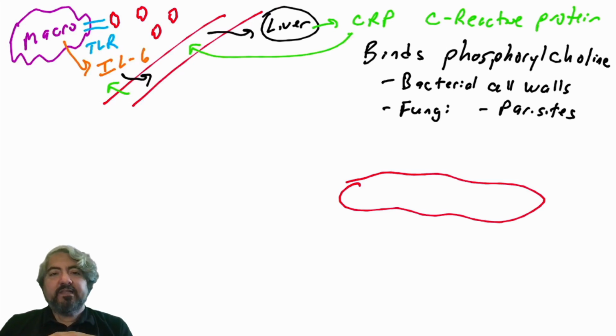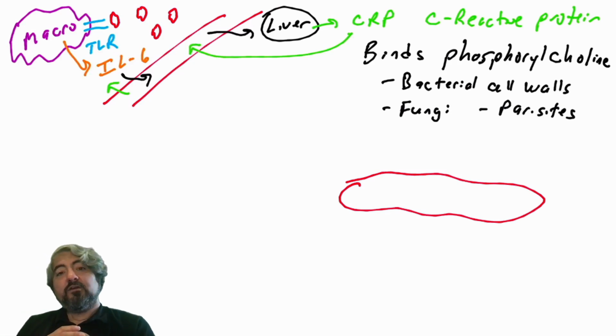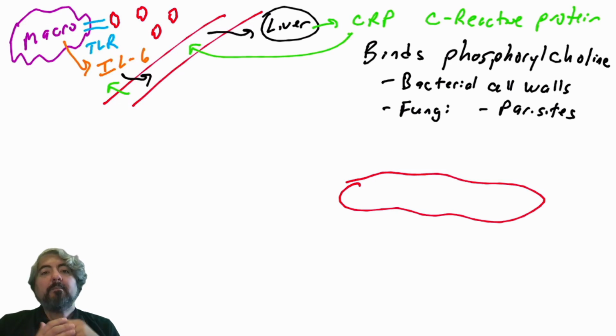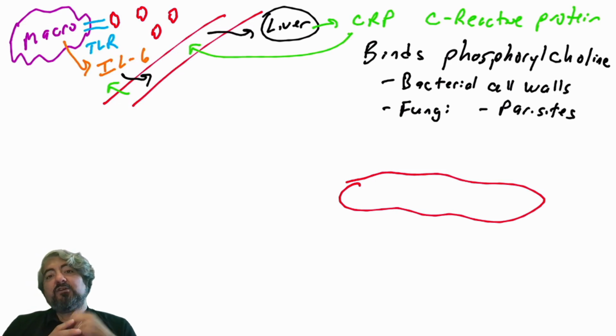Well, physically, what CRP, C-reactive protein, does is it binds a molecule called phosphorylcholine. All right, well, what's phosphorylcholine? It is a molecule found on the surface of some pathogens, in bacterial cell walls, in the cell membranes of some fungi, on the surface of some parasites.